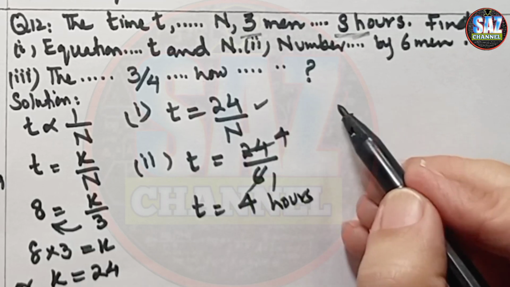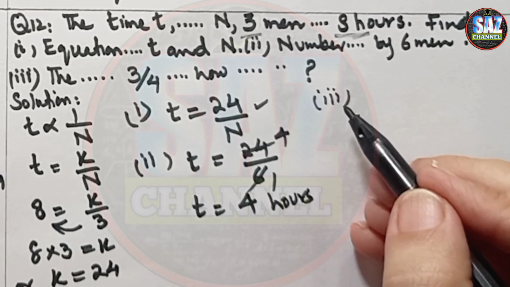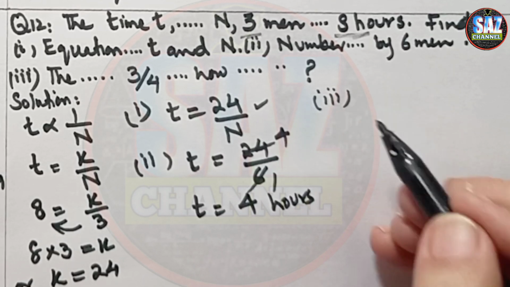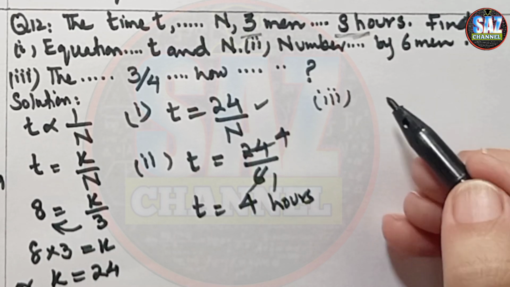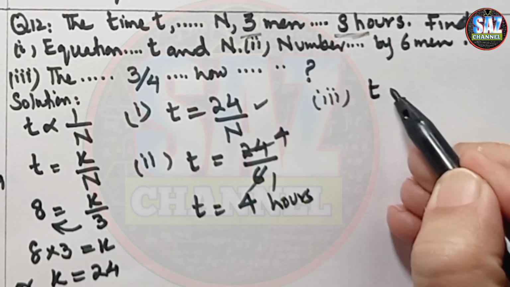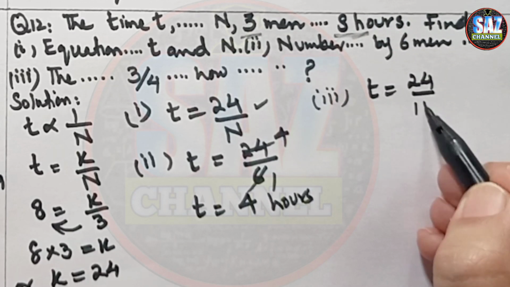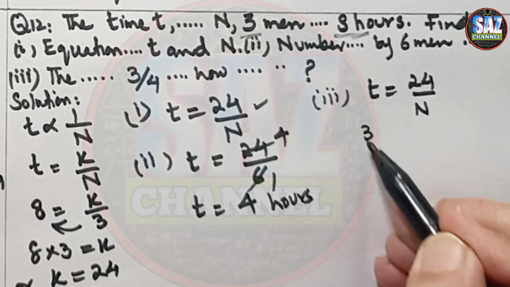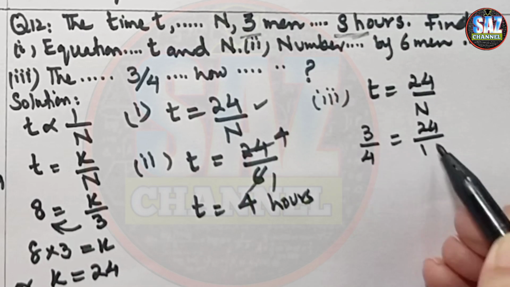The third part says that we have to find the men if the job is to be completed in 3 by 4 hours. Again take the relationship t equals 24 by n, and now the time is 3 by 4 hours and we have to find the men.